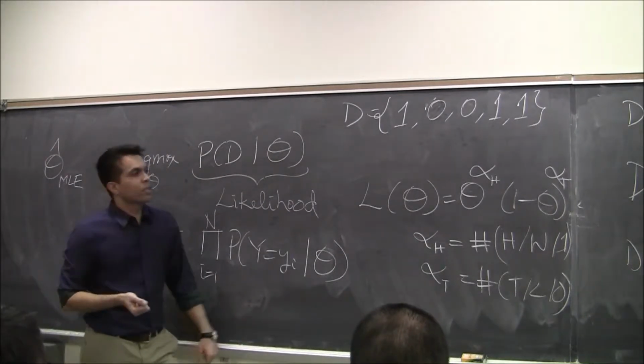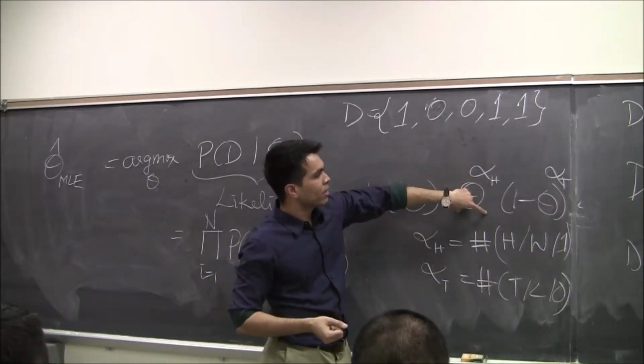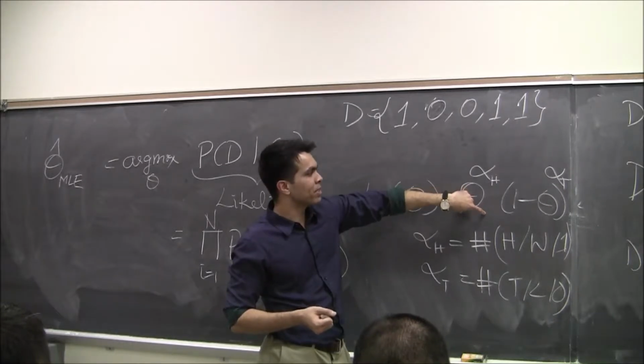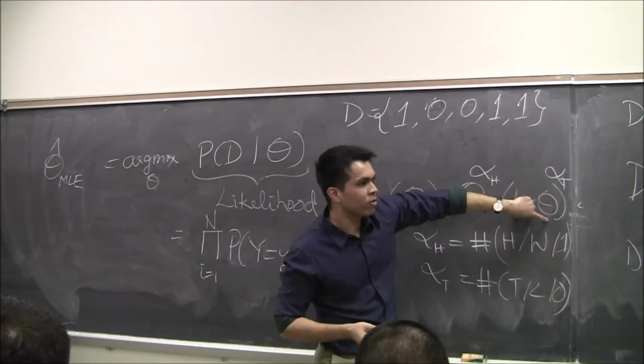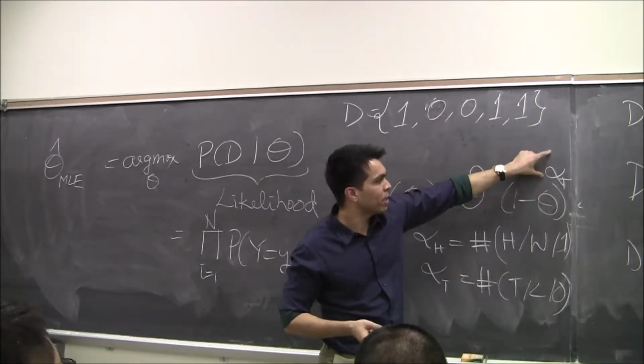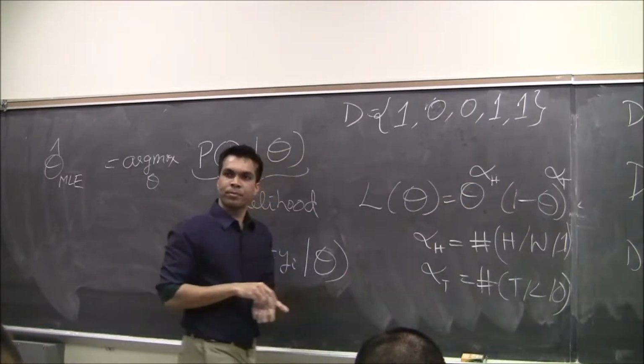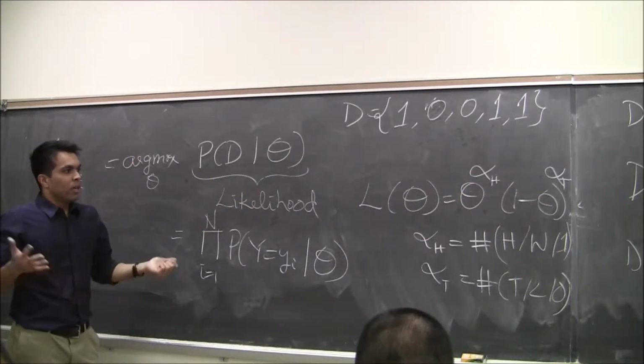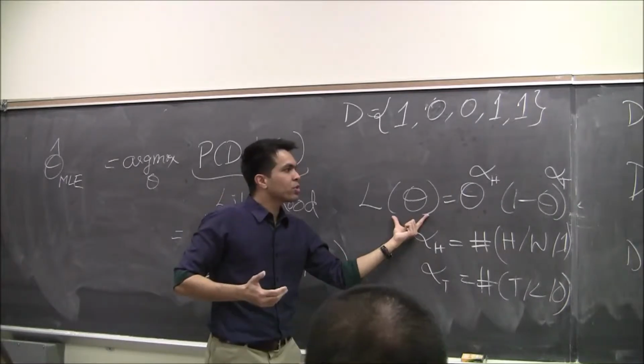Right. Just count how many times that's happening. The probability of that happening is theta, they get multiplied. The probability of the other thing happening is 1 minus theta, they get multiplied that many times, and so you get this. That makes sense?